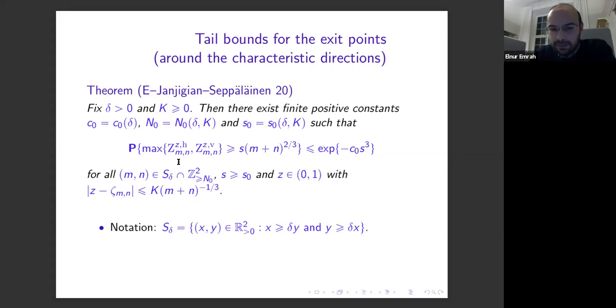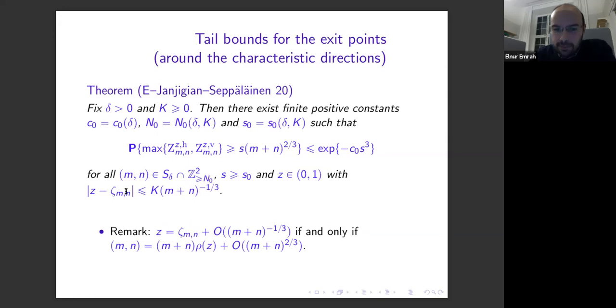This holds provided that S is large enough, M and N are large enough, and Z is within (M plus N) to the minus 1/3 of the critical parameter zeta. Now let me remark about this condition on Z. Again, it just means that the northeast corner of the rectangle has approximately the characteristic direction within an error of (M plus N) to the 2/3.